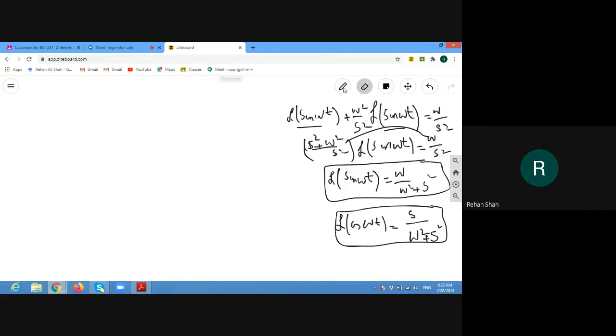The first formula was for the Laplace transform of the second, third, fourth, and fifth. This is the second, sixth, and seventh formula we developed. First is for Laplace of a, which is a over s.